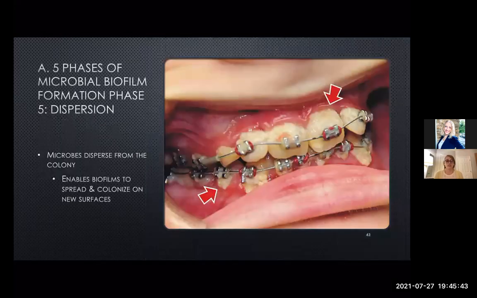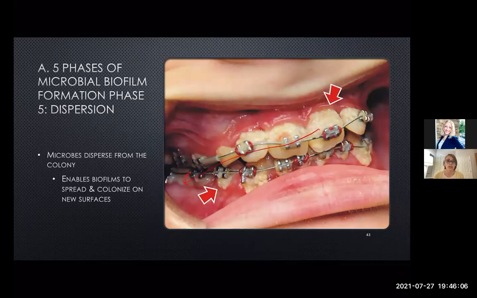So dispersion, that is a lot of plaque. There's probably food in there. We've got a lot of inflammation on this patient, right? So once this is here, the bacteria can actually detach from the colony. And let's say they were like, hey, this one doesn't have a lot. Let's go to this tooth.